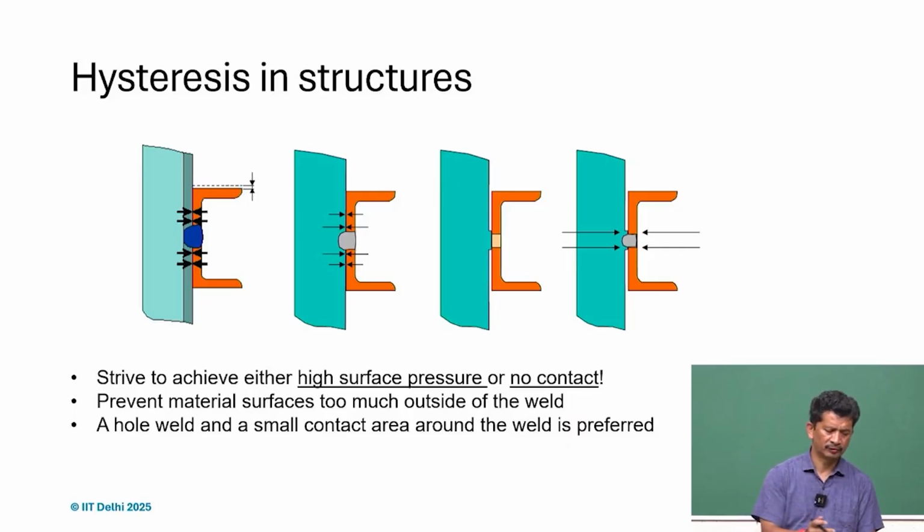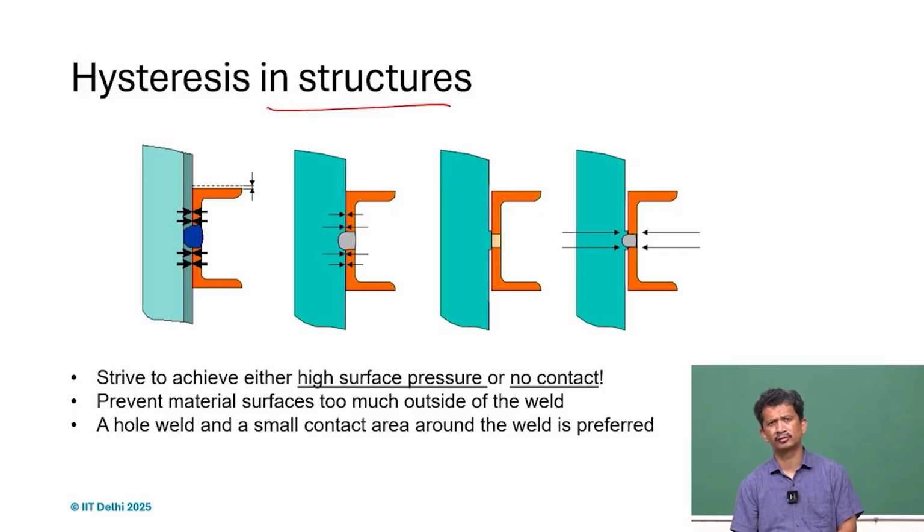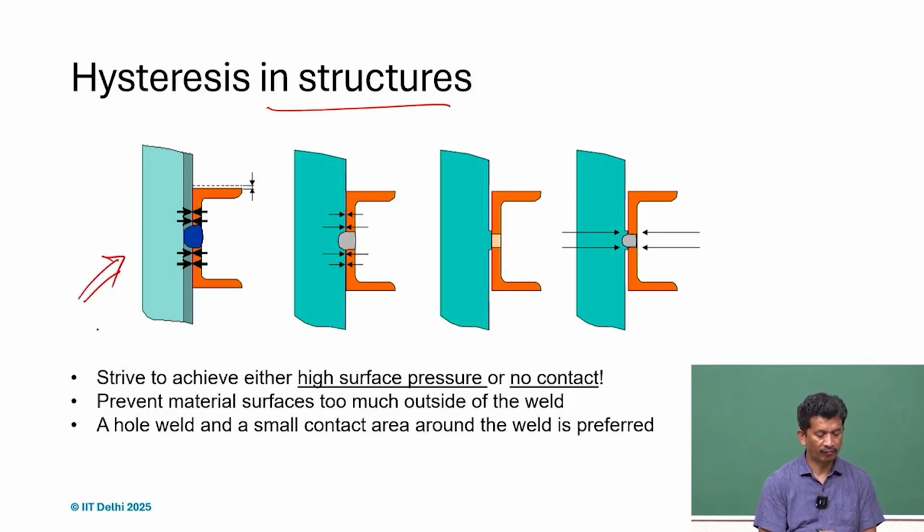So as we said, hysteresis in mechanisms or in structures and frames is detrimental for precision. So that's why it's very important to understand. In this case, if we are talking about structures and weldments, suppose this orange part is welded to this frame, what will happen?